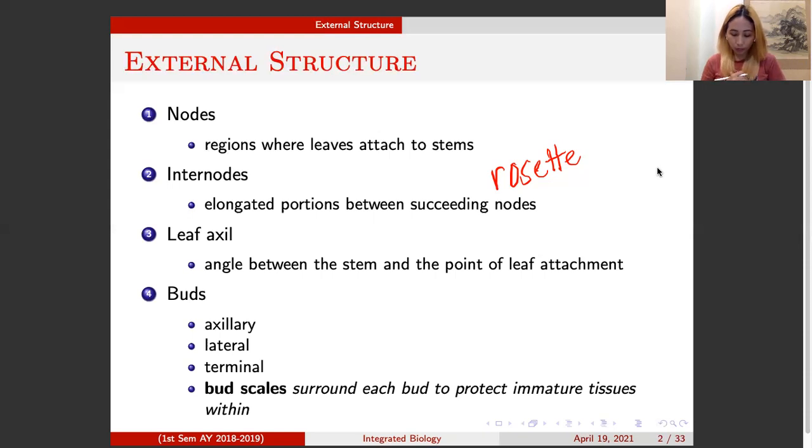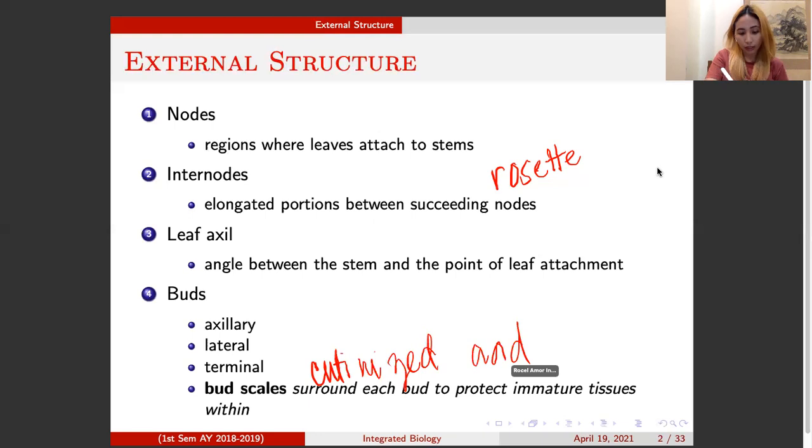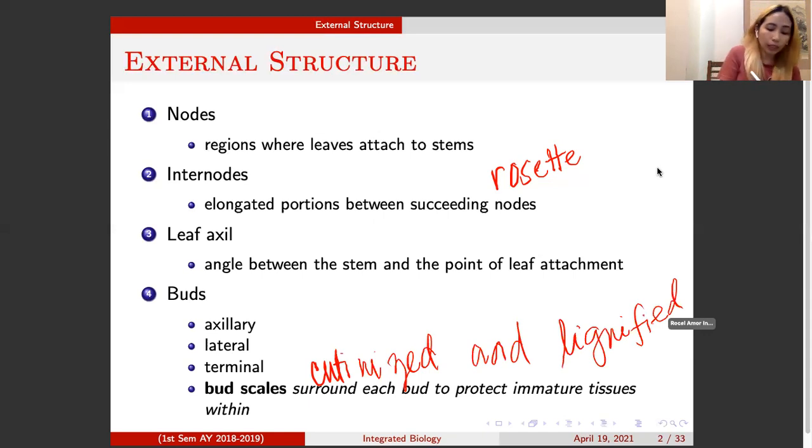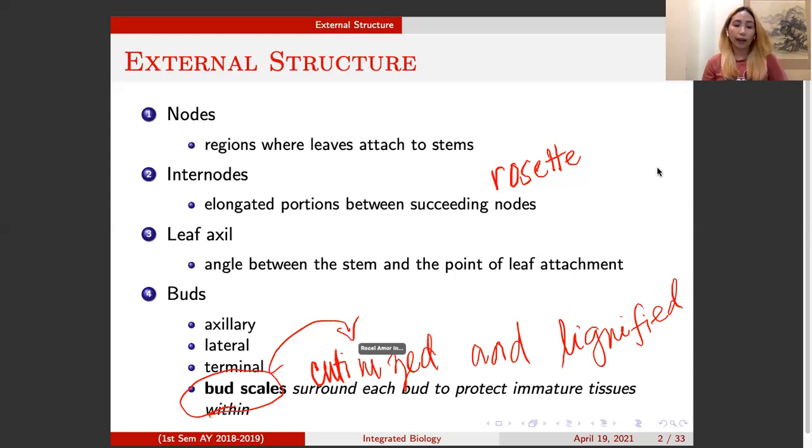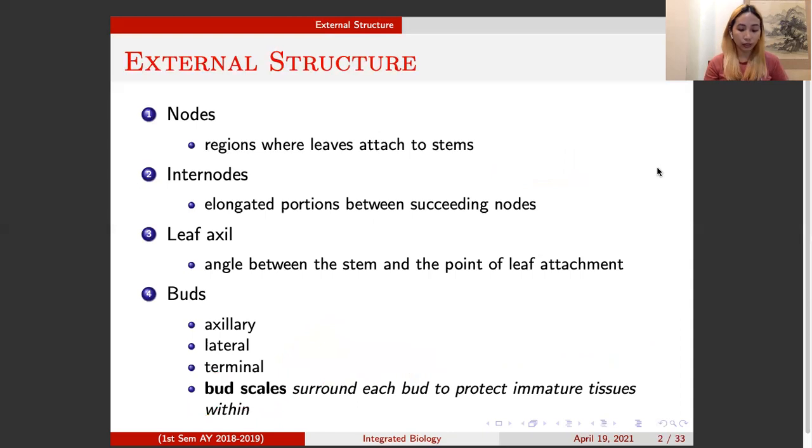So these bud scales are highly cutinized and lignified. Okay, so let's clear that so we can move on to the next slide.